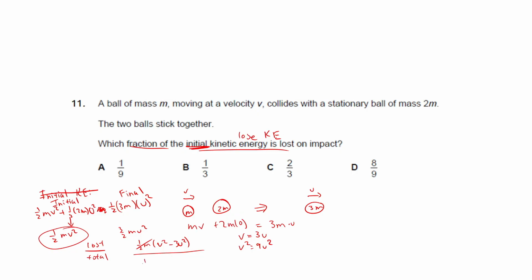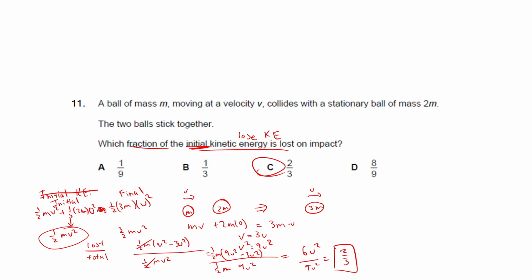So you get 1/2 mv squared, and you substitute inside, so 9u squared minus 3u squared over 1/2 m times v squared, 9u squared, and it turns out that we get 6u squared over 9u squared, and we get 2/3.